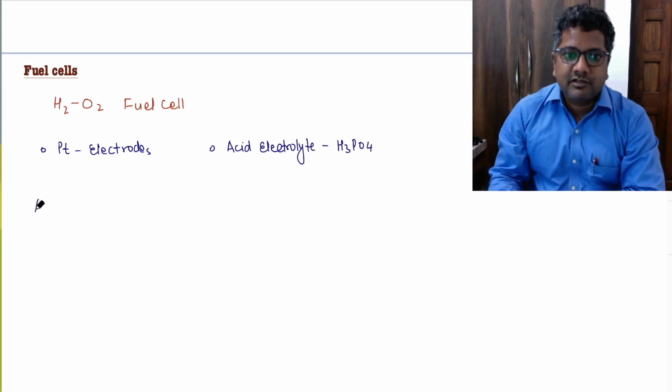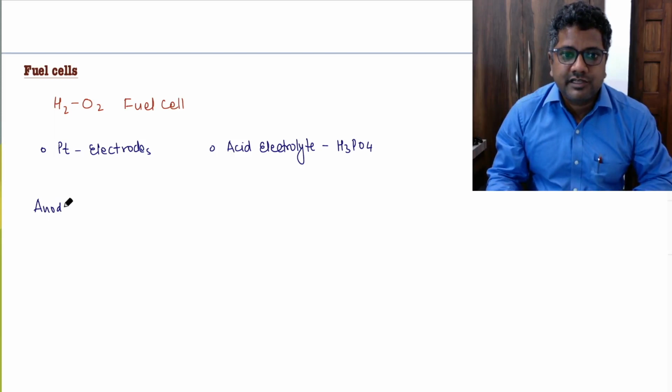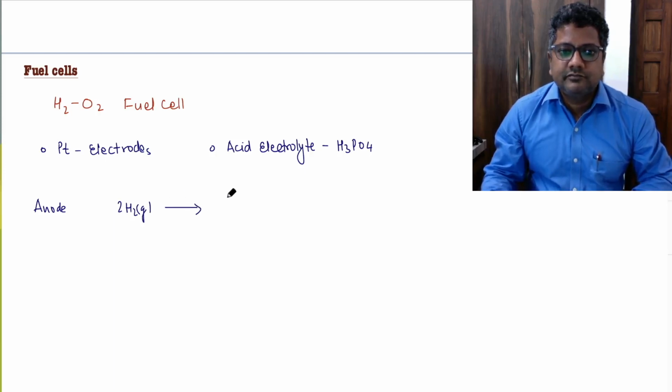And see what is the anode reaction. Both the electrodes are from platinum. So the anode reaction in the fuel cell is 2H2 gas gives 4H+ plus 4 electrons, right?